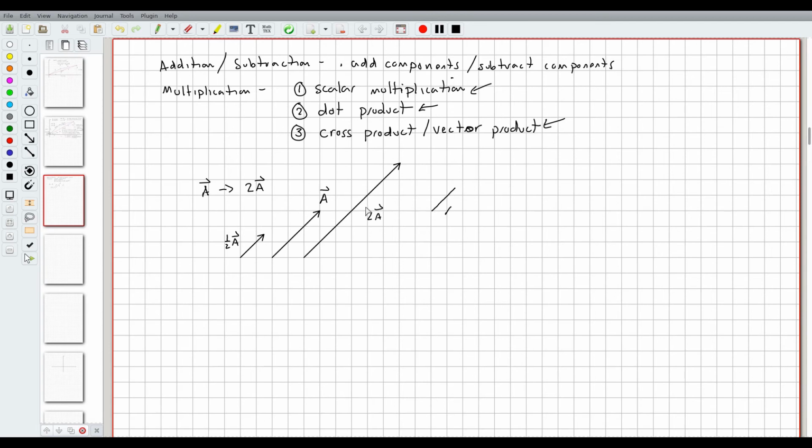A negative number flips the direction 180 degrees. So a positive scalar scales the length of the vector. It doesn't change the direction.